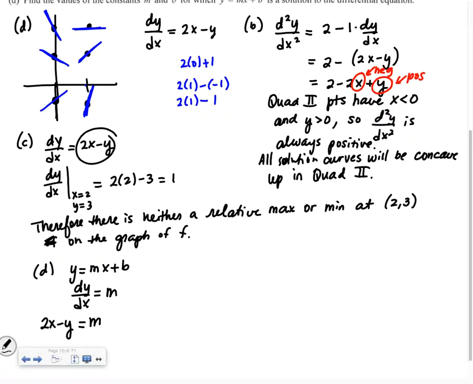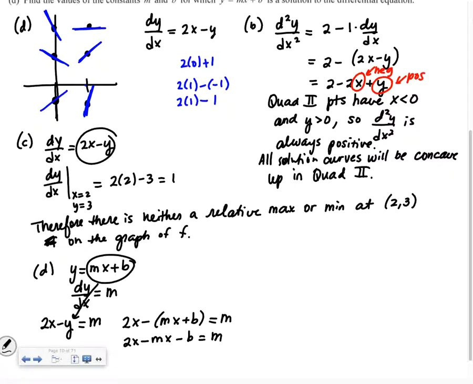We're going to have to solve for m using it. But it's a little bit weird because y is also equal to mx plus b. So what we do is substitute it in there. I think we've done one of these before in class, and they're just kind of strange. We're trying to get everything so that we only have two variables. We're trying to figure out m and b. So that's all going to equal m. So 2x minus mx minus b is equal to m.